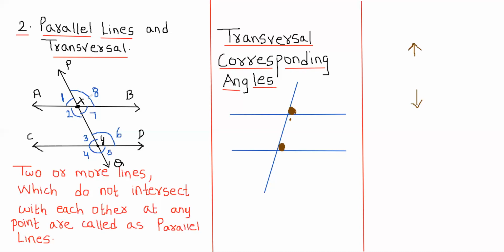So when we look at this figure where we have marked angles 1, 2, 3, 4, 5, 6, 7, 8, students, what are corresponding angles? It is like the corresponding angles in our first figure.